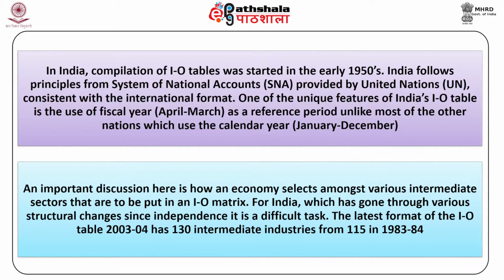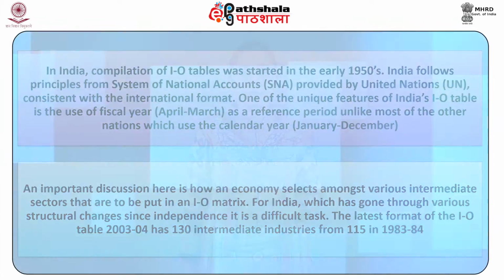An important discussion here is how an economy selects among various intermediate sectors that are to be put in an IO matrix. For India, which has gone through various structural changes since independence, it is a difficult task. The latest format of the IO table 2003-04 has 130 intermediate industries from 115 in 1983-84.